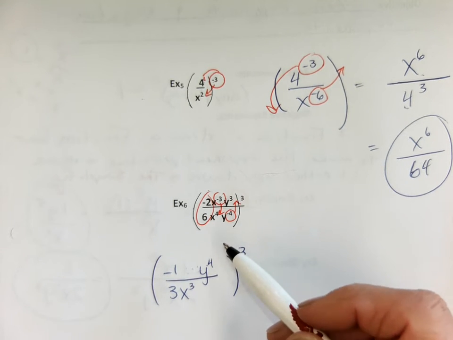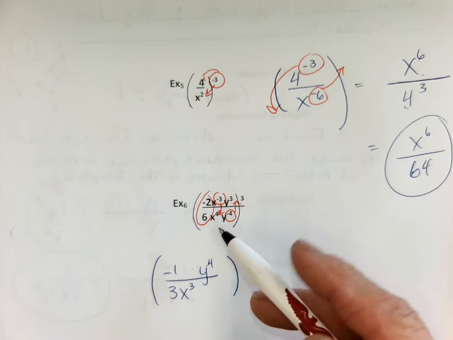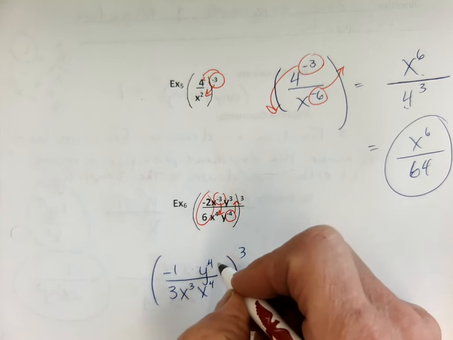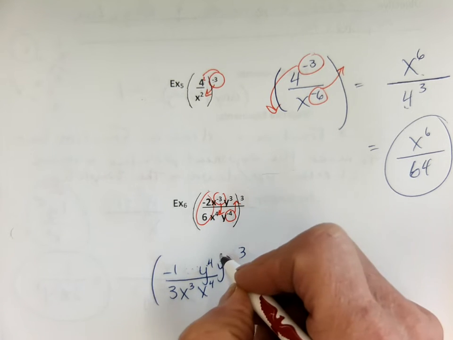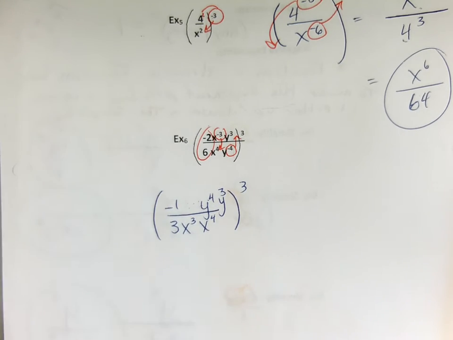I have some terms that didn't need to move because they're already positive. I have an x to the 4th still there, and a y to the 3rd, which is still there. All I did was move exponents. Negative on the bottom goes up, negative on the top goes down.